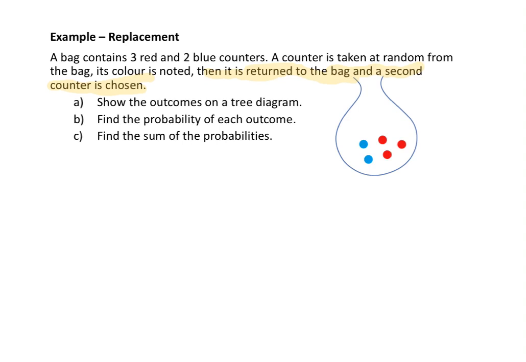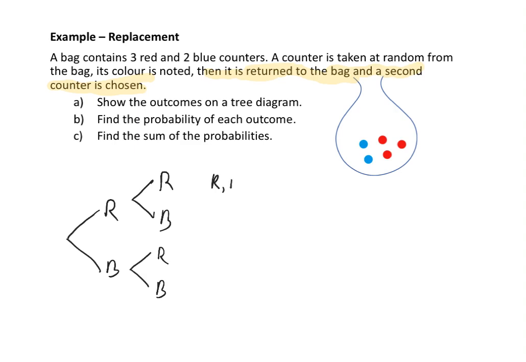So when I draw out my first counter, I'm either going to draw out a red or a blue. Then on my second draw, again, I'm going to have 2 possibilities, a red and a blue, a red and a blue. So I have 4 possible outcomes.